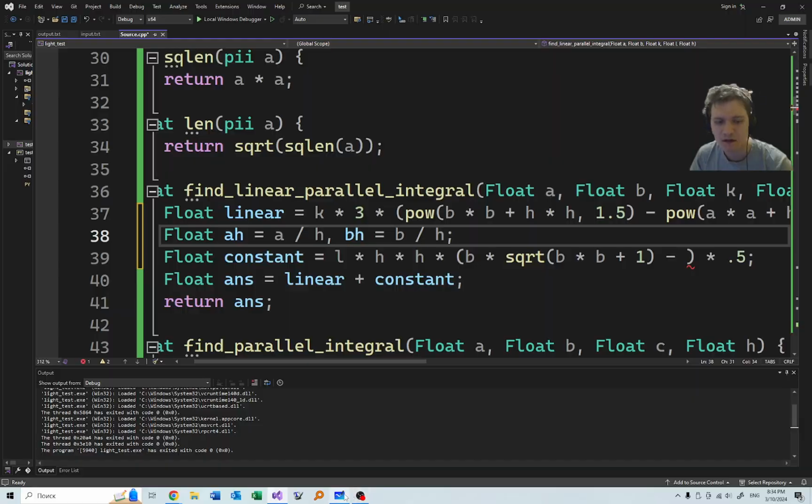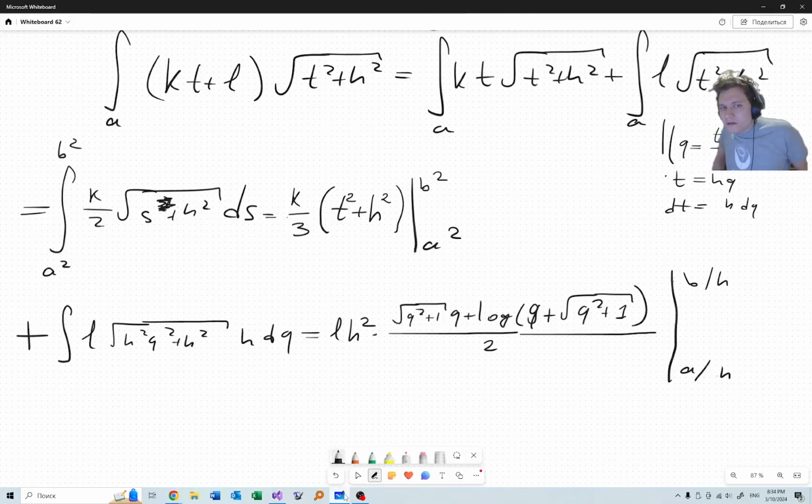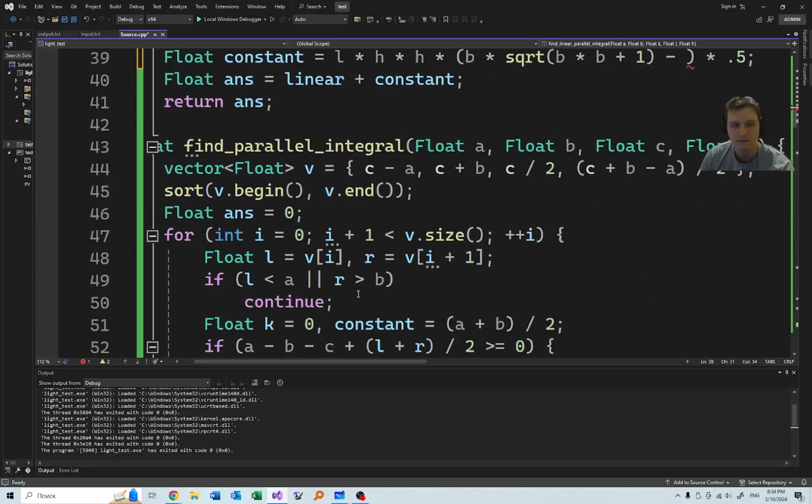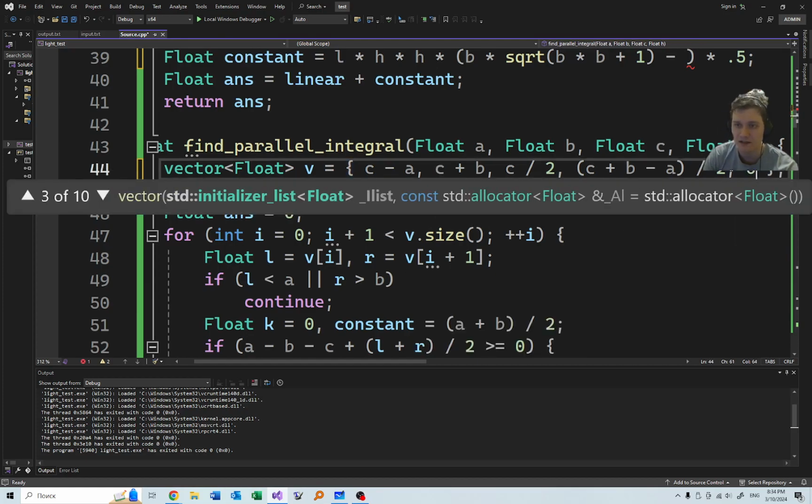What if h is 0? Also h can be 0. What if h is 0? Okay, if h is 0, then this is simply absolute value of t. Let's add 0 here.